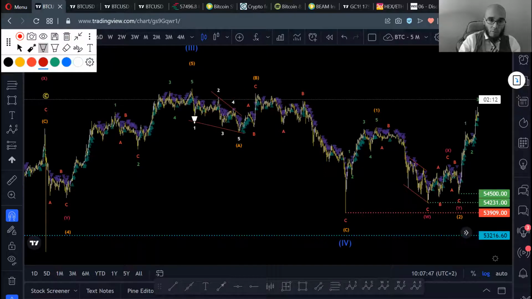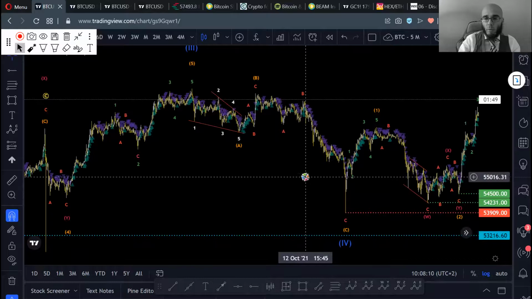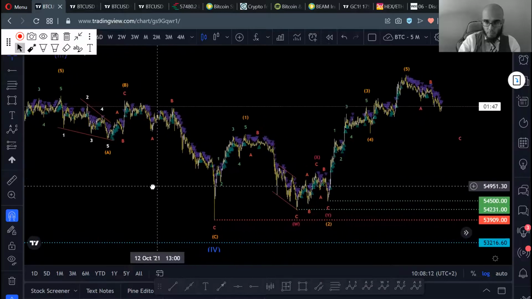So you have wave 2, 3, 4, and 4 enters clearly the price territorium of wave 1. So that's an ending diagonal, and I see one more here. That's why I put the lines on top of it, because I see two ending diagonals. It's not really important, but I just wanted to mention it.